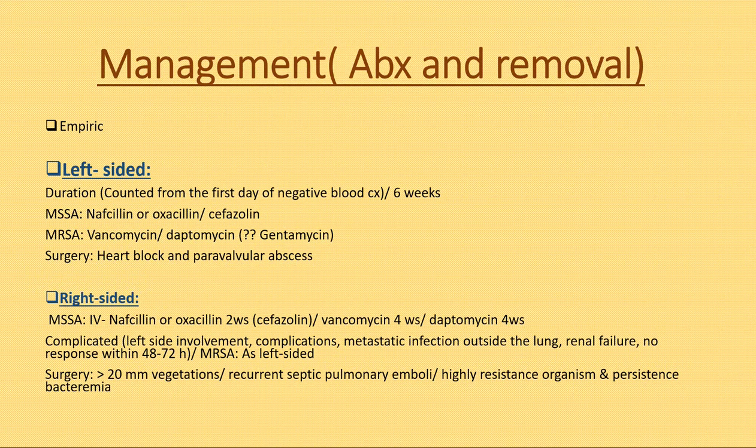What does that tell us? That the abscess is too big to treat with antibiotics. Whatever abscess, we have to drain it. Also, we consider surgery when the organism is highly resistant and when there is persistent bacteremia.